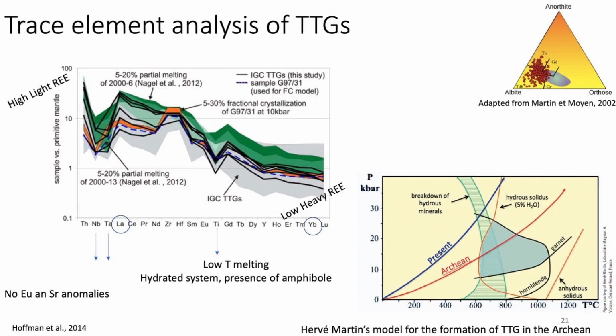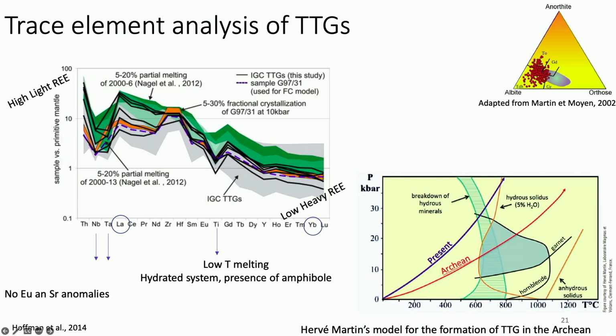So you see that when there is water and the geotherm is high, it's very easy to enter the melting zone, at low temperature, below 800 degrees C, and very shallow depth, a couple tens of kilometers. That's the model for the formation of the TTGs, and this model is due to Hervé Martin.